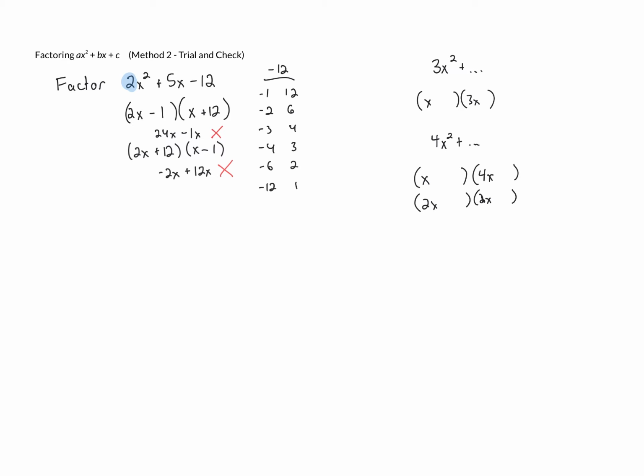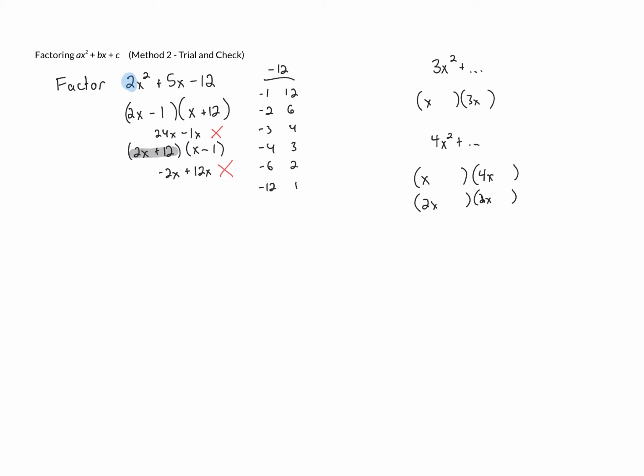Now, this seems like a lot of work because remember, there's 12 different possibilities. There's these 6 possibilities, and each one gives us 2 different ones because we could switch the numbers. But there are ways to eliminate possibilities, to narrow things down more, and when you get practice with this, it gets a lot quicker. So the first trick I want to mention is that this 2x plus 12 that we have here could never actually end up working.